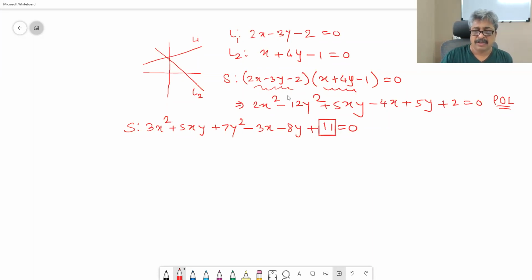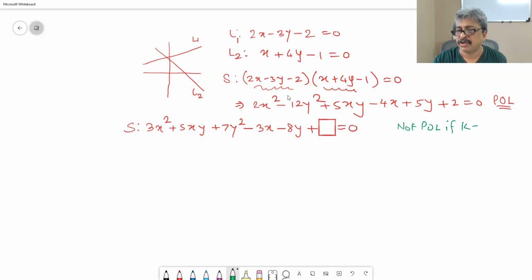So maybe I will say that I will not put 11, I will put K. And if you are good, you should find the value of K. So if it is 11, it is not POL. That is what I declare right now, unless we get K is equal to 11, not POL.